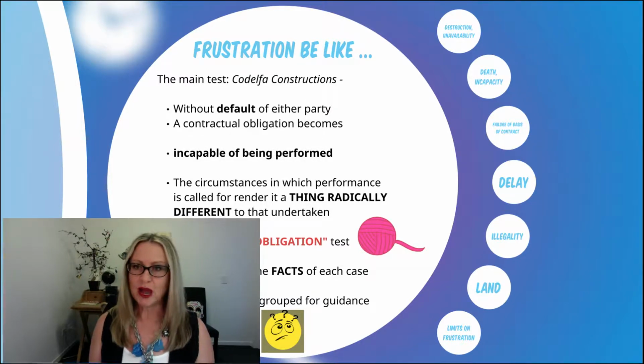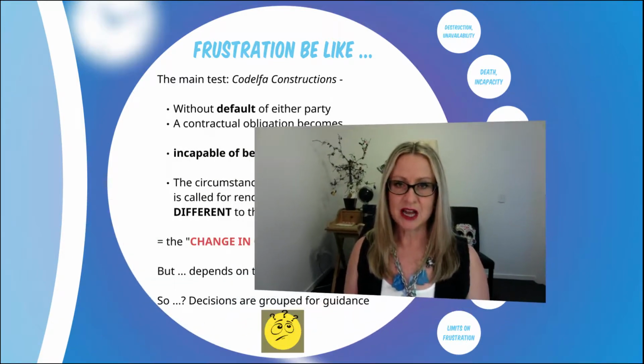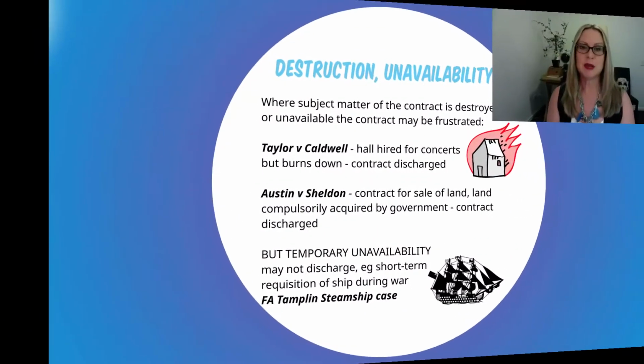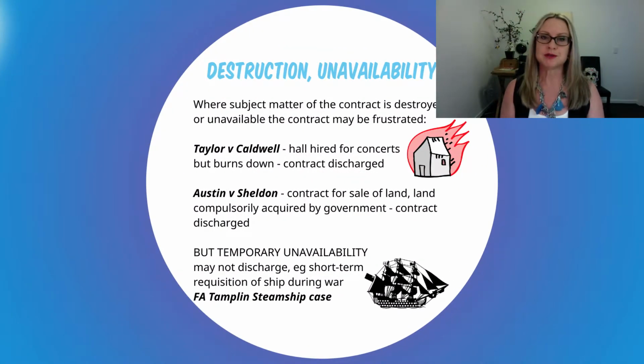So first off, we'll have a look at destruction and unavailability. So here we have contracts that have happily been formed, but there's been some supervening event that actually destroys the whole subject matter of the contract or otherwise makes it unavailable. And the classic case here is Taylor and Caldwell, a good 19th century case, about 1850s odd. And you had a person hiring a hall in order to perform some concerts.